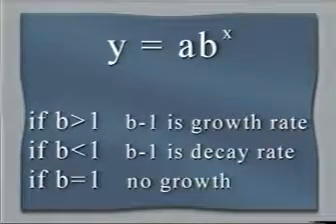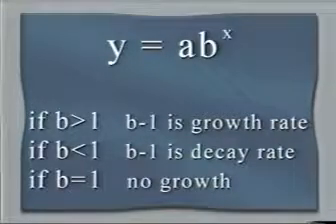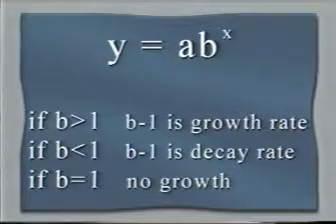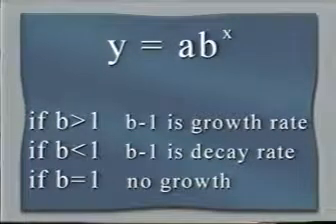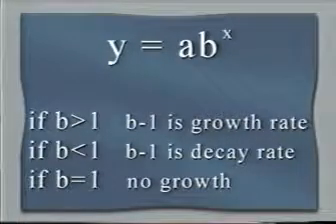Well, if b is 1, you simply get a times 1 to the x, and we know that 1 to any power is 1, so we have a horizontal line, no growth. So you might say that 1 minus 1 is 0, and therefore b minus 1 tells us there is no growth.